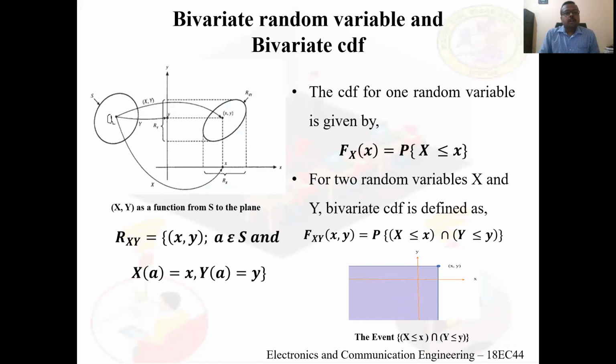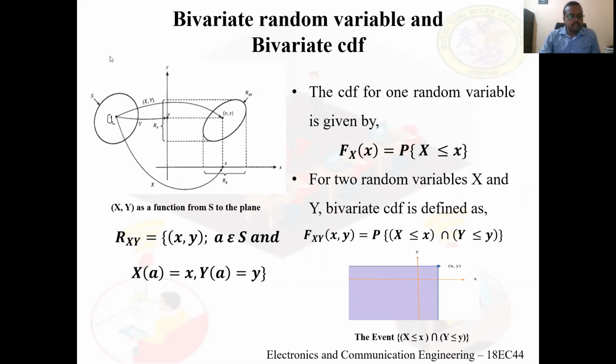Now, we'll understand what is bivariate random variables. By this time, you are already introduced to some of the terms like sample space, random experiment, and random variables in module 1. Right? Now, here we'll study what is bivariate random variable.